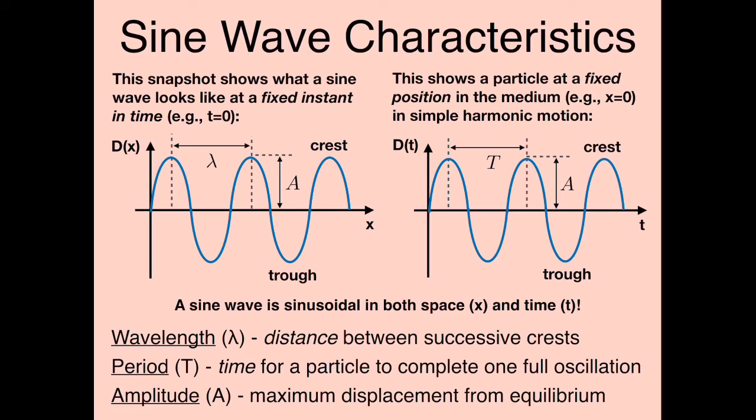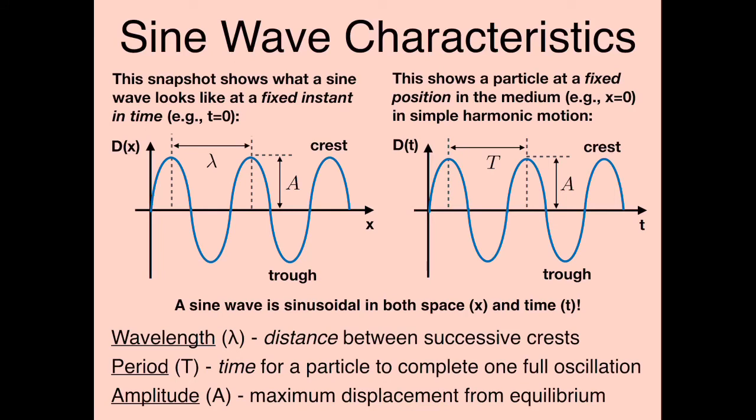On the other hand, if we look at the distance between two crests, so I'll have my wave peaking over here, and then another crest over here, there's some distance between those two points. And that's called lambda, or the wavelength. Okay, so that is a distance in space. That's lambda.